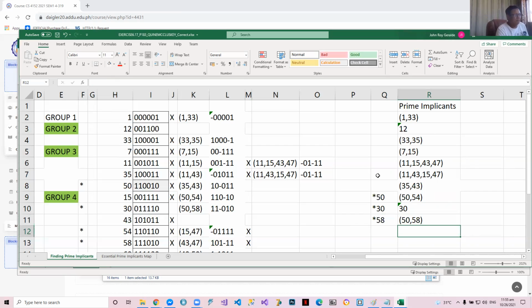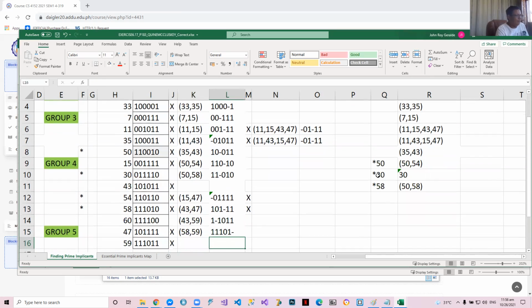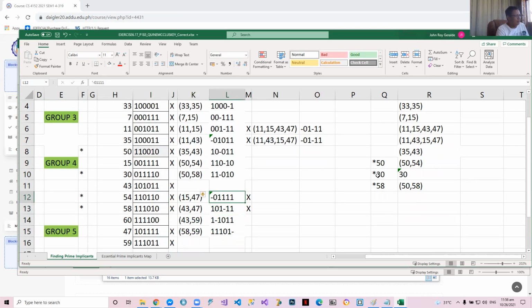Okay. Ito, 50 and 58 has been unmarked. Oh. You have 30 and 50 and 58. 43 is marked. Okay. 54 is marked. And then 1547, this is also marked. No? 1547 is marked.